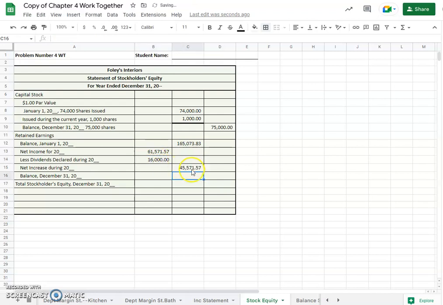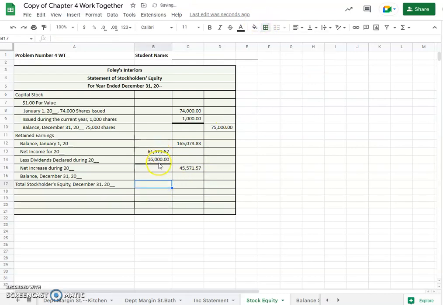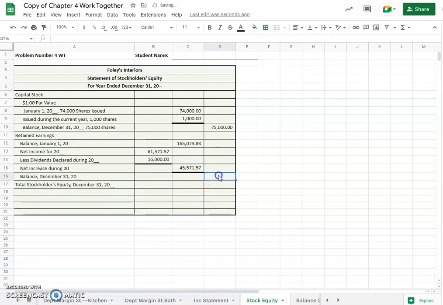The 61 minus the 16, and since we did calculate there, we'll put a bottom border in. Net increase, 45,571.57. So our balance as of December 31st, we will add those two together.